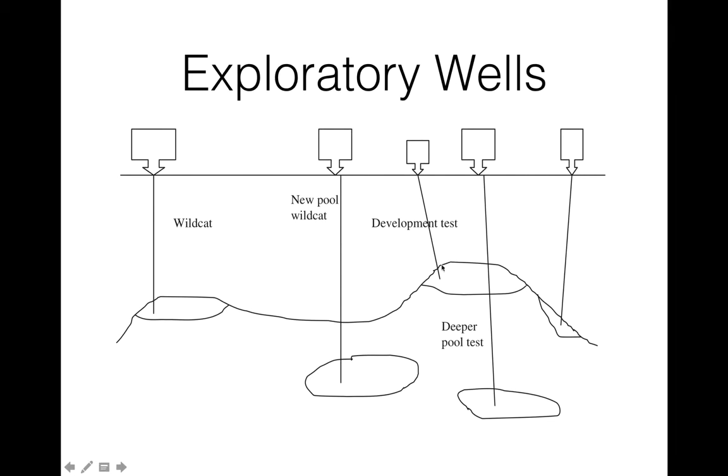Sometimes when you reach the deposit, you may have a development test that allows you to extract from there, but that oil deposit may be on the surface or on top of a much deeper pool, and so you can have a deeper pool test in order to try to get access to that. Finally, you can have some oil deposits that are found on the margins or ends of rock formations in the water.